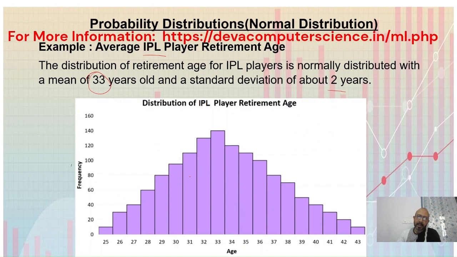So we get the distribution of IPL player retirement age like a bell-shaped curve. Maybe some player like MS Dhoni, his retirement age may be 44 plus. So you can see this on the bell-shaped curve.